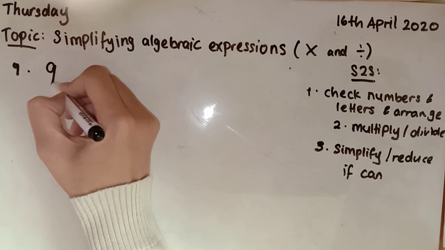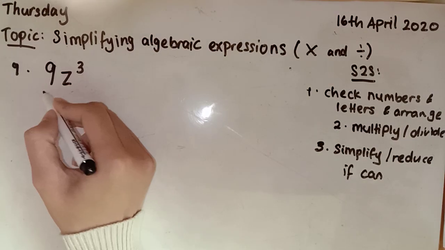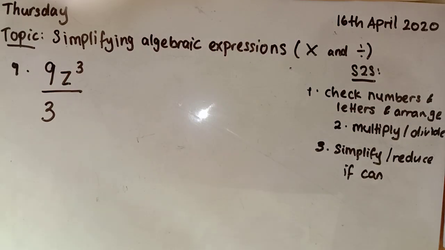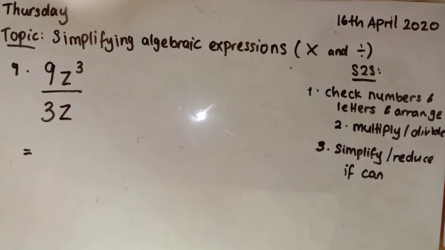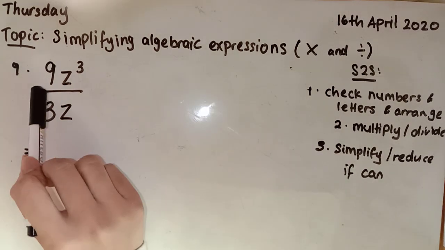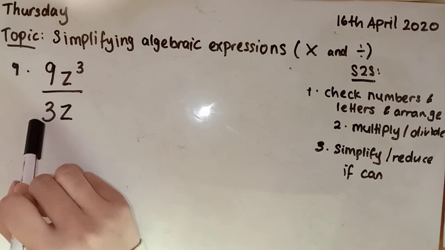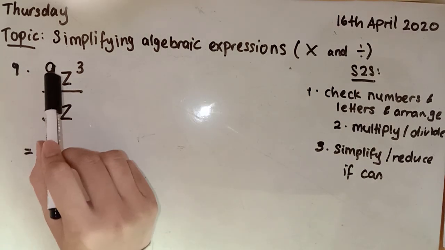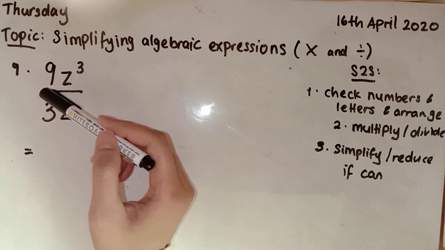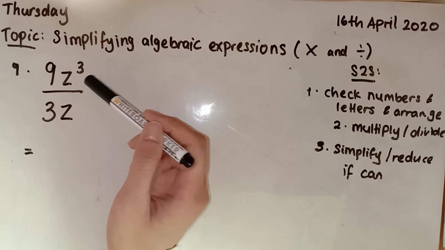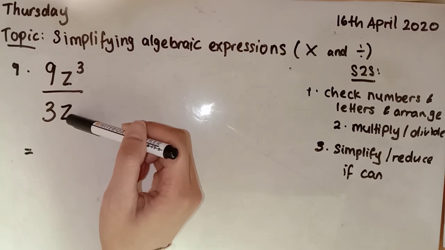So we have 9z cubed over 3z. Okay. Check the numbers, check the letters. So we have 9 over 3. No, actually, we have 9z cubed over 3z. Okay, so the numbers are 9 and 3, and the letters are z cubed and z.